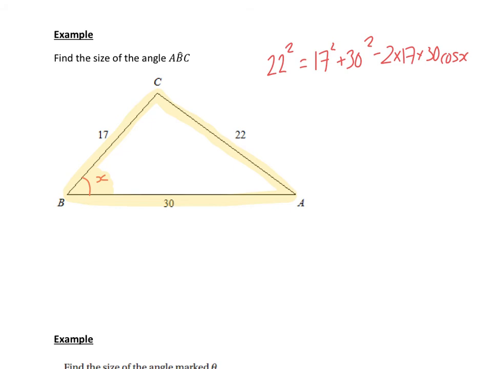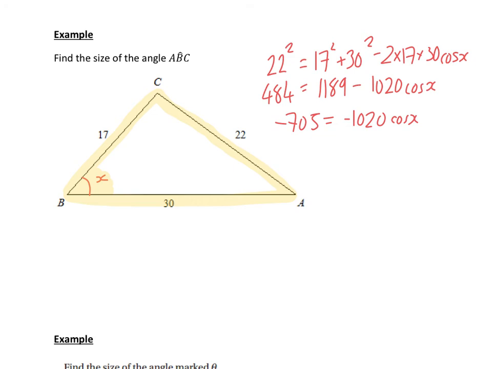I want to simplify that term, so 22 squared is 484. 17 squared plus 30 squared is 1189, and 2 times 17 times 30 is 1020 cos x. I'm going to take away 1189 from both sides to get minus 705 is minus 1020 cos x.